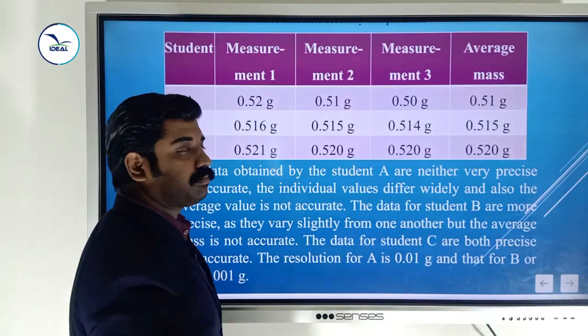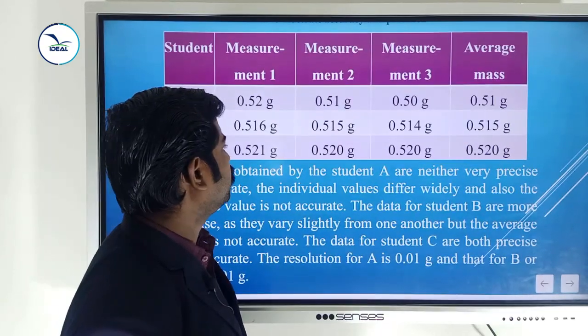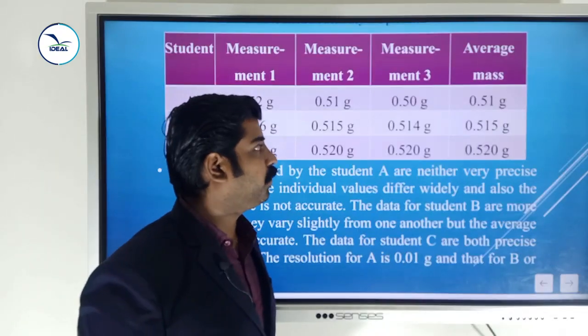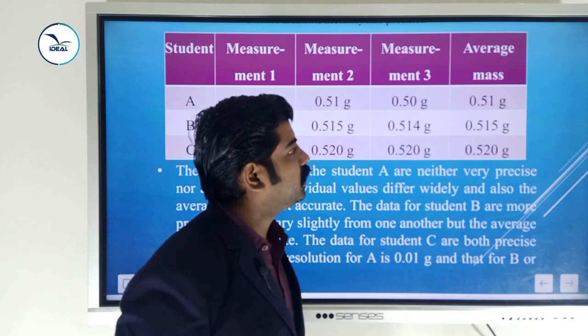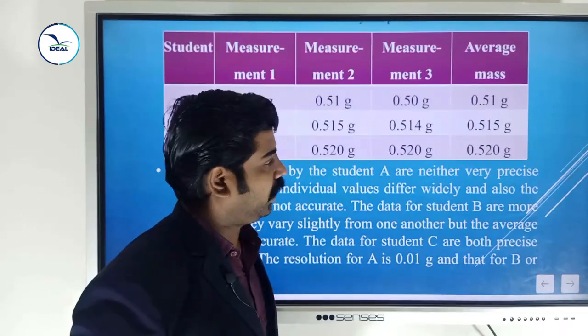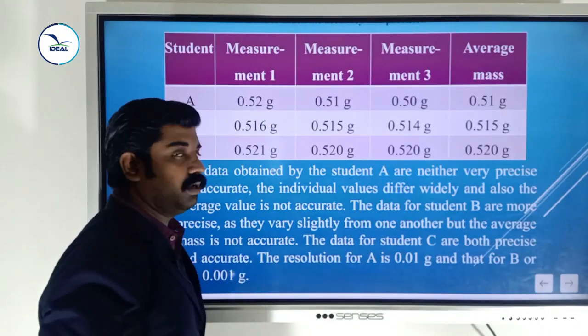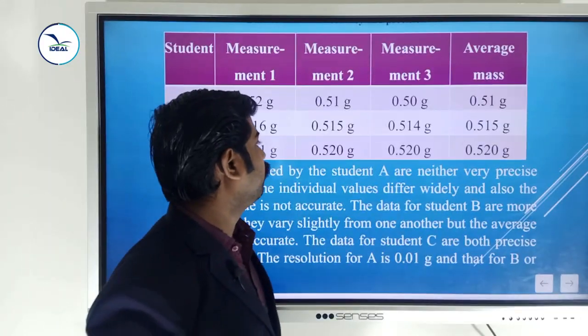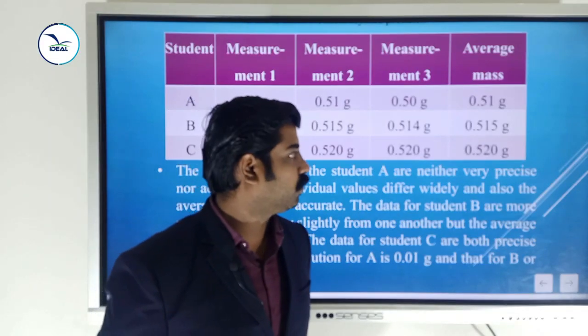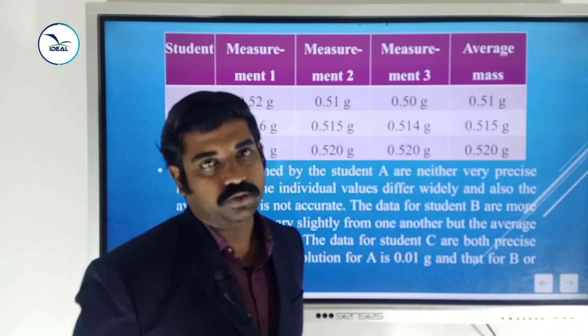And the next one: 0.516, 0.515, 0.514, the result is 0.515. And the third one: 0.521, 0.520, 0.520, the result is 0.520.